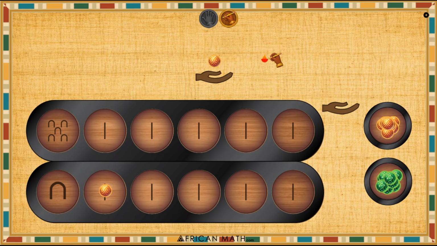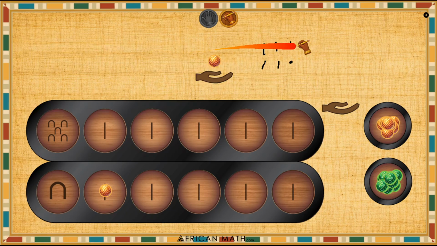We're going to first draw out 1, 2, 3, 4, 5, and then we're going to put together with 1, and the answer is 6. Because we have a hand here put together with 1 bead, it's the same as 6. These represent fingers. 1, 2, 3, 4, 5 fingers, and then we have a bead.